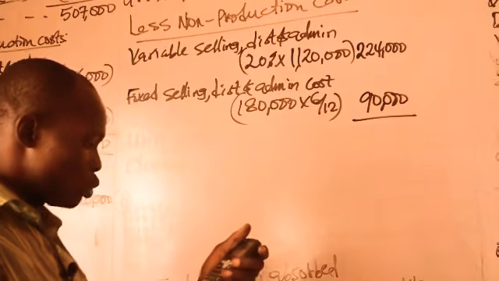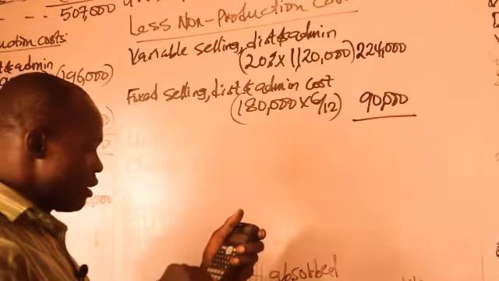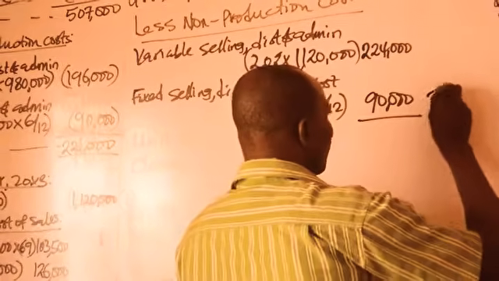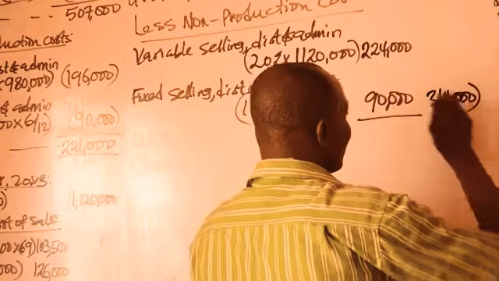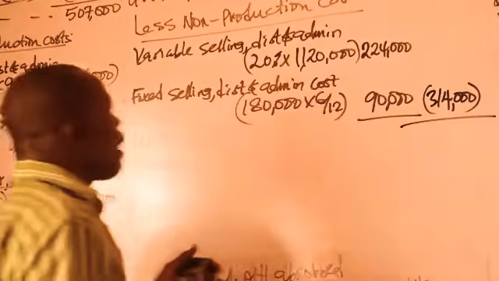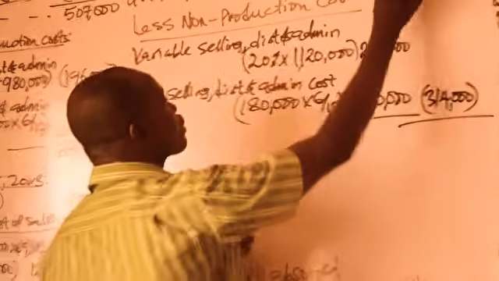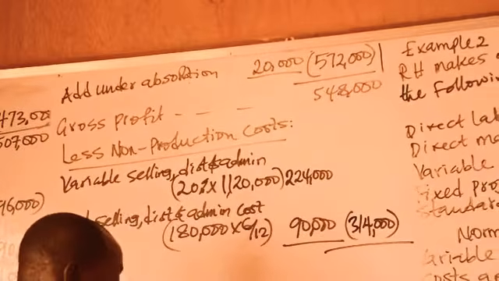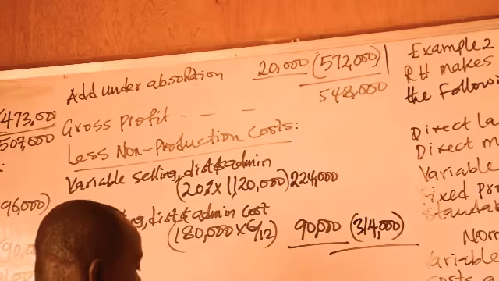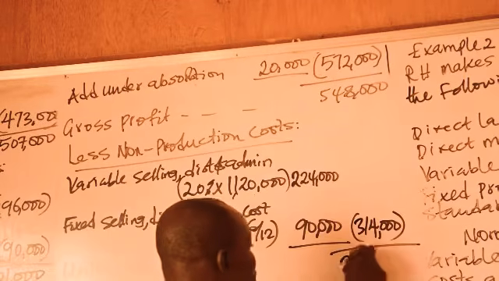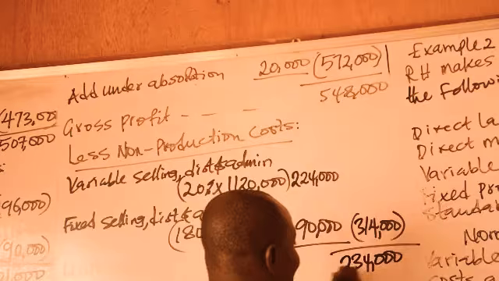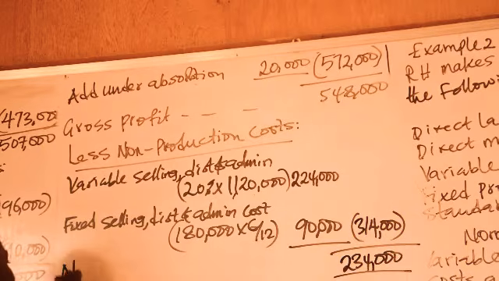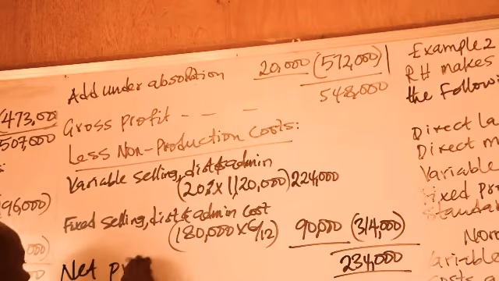Where you add it to 224,000, then you have 314,000. Now subtract 314,000 from our gross profit above. Our gross profit is 548,000. When you subtract that from it, then you have 234,000. That is our net profit.